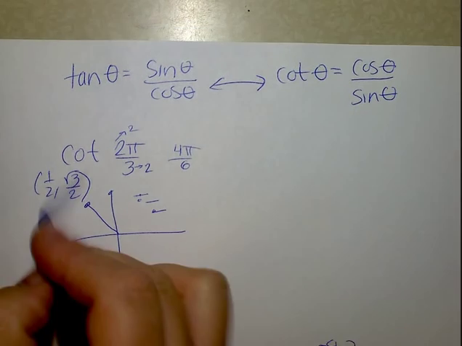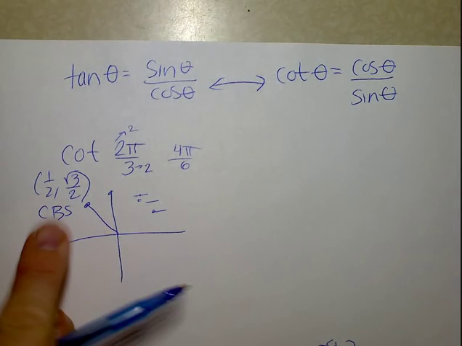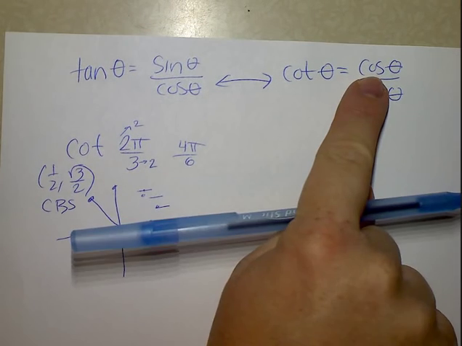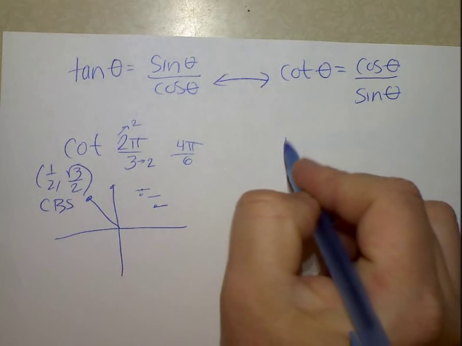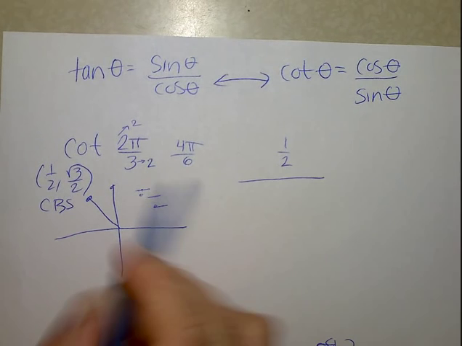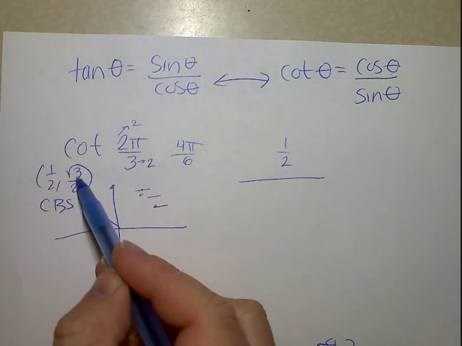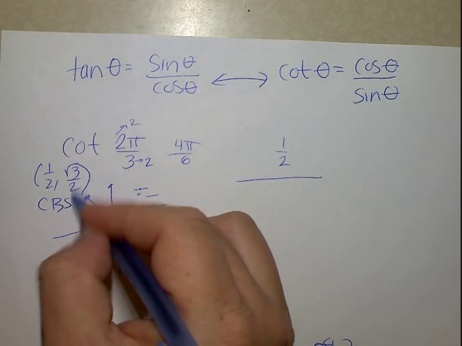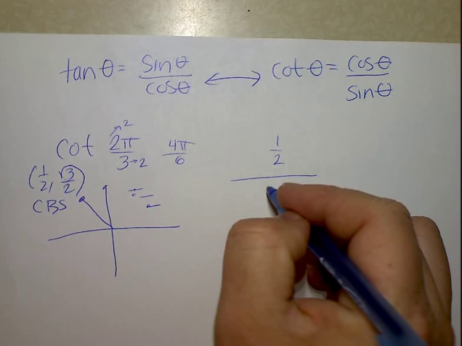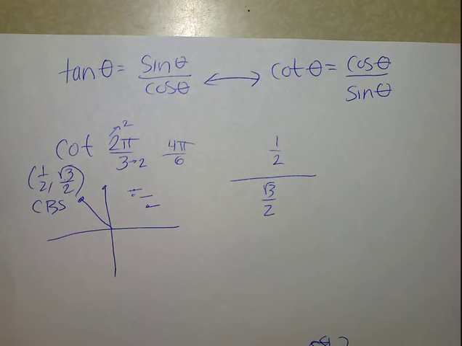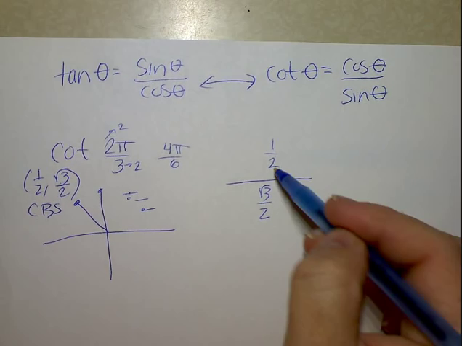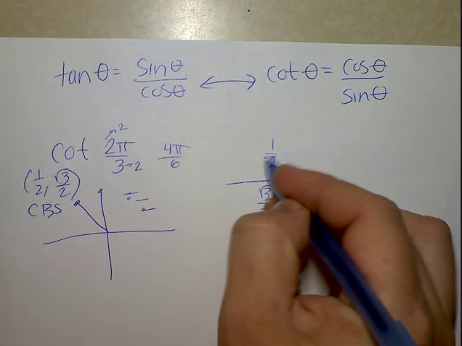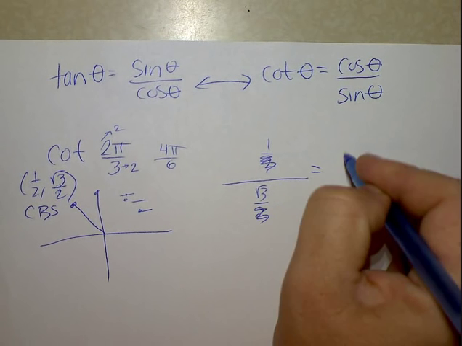Now CBS, okay? I want to do the cosine first. Cosine is 1/2. So I'm going to write down 1/2 divided by, we'll go ahead with the way Sergio first showed us, and we can definitely do it the horizontal way as well, divided by the sine in the denominator, which is radical 3 over 2. When the denominator and the top fraction is the same as the bottom, we get to wipe it out, and you're left with 1 over radical 3.